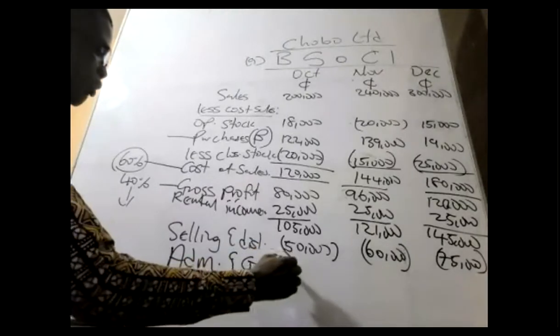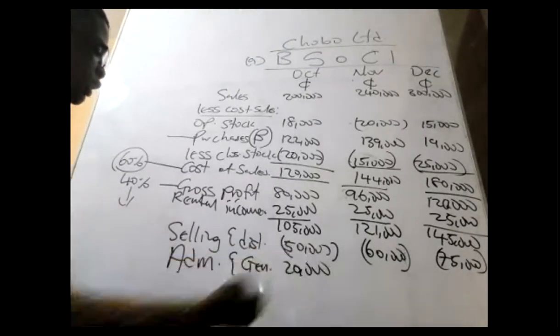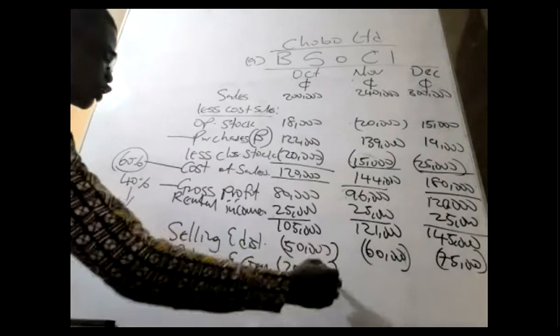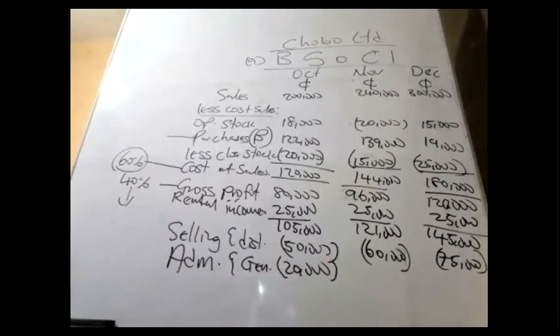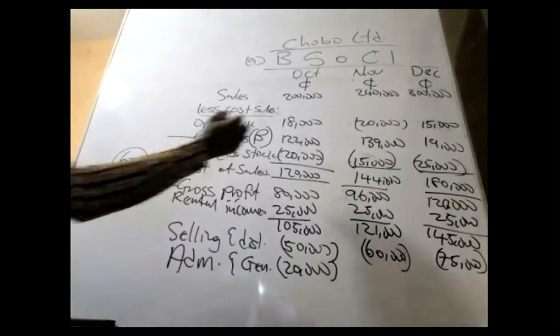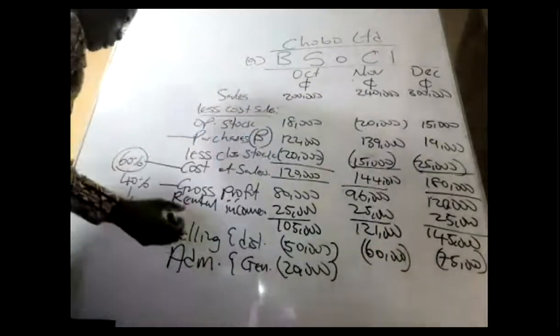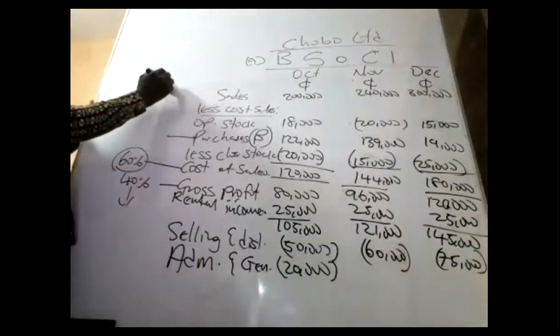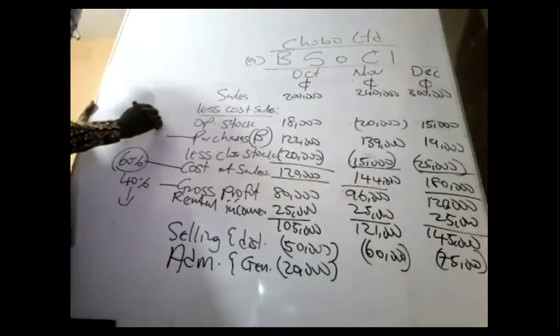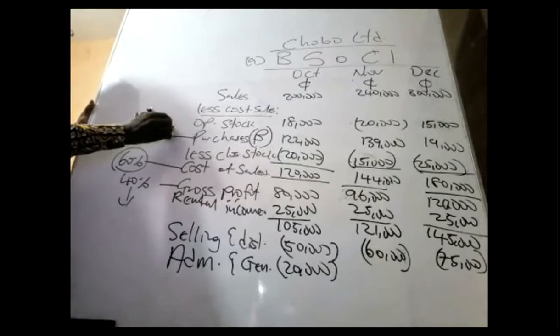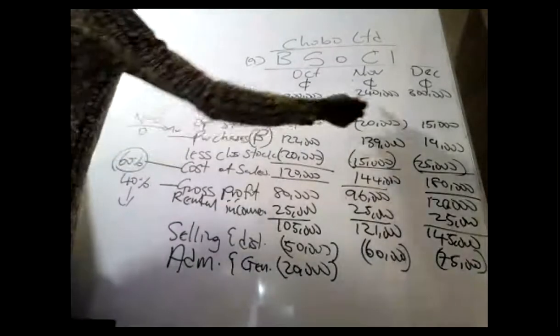They say it's currently at 20,000, and it's going to move in line with the increase in sales. It means that you check the increase in sales. Tell me the percentage change in sales. Percentage change is equal to the new minus old, all divided by old, times 100. So from here to here, what's the increase?